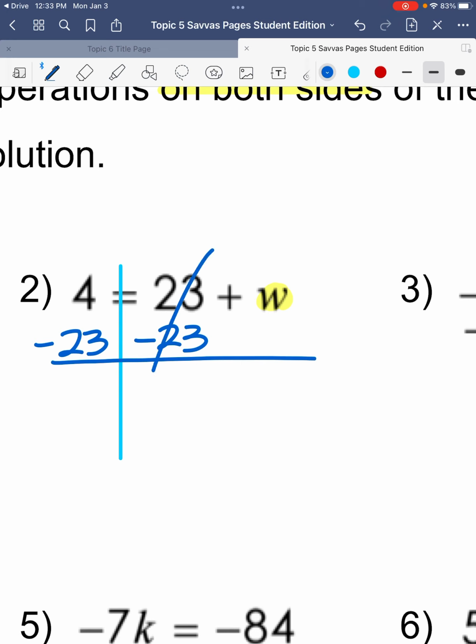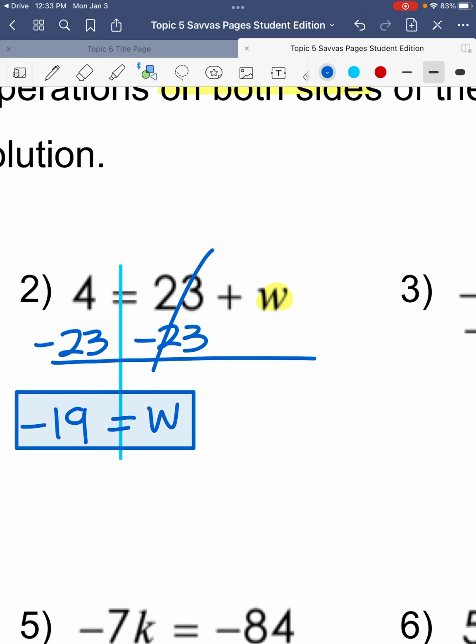That cancels out, and I'm left with w by itself. That's what I wanted. Now on the left-hand side, 4 minus 23. Those are two integers with different signs, so 23 minus 4 is 19. And I know it needs to be negative because my bigger number is negative. So -19 equals w. Or like I mentioned before, you can write it as w equals -19.